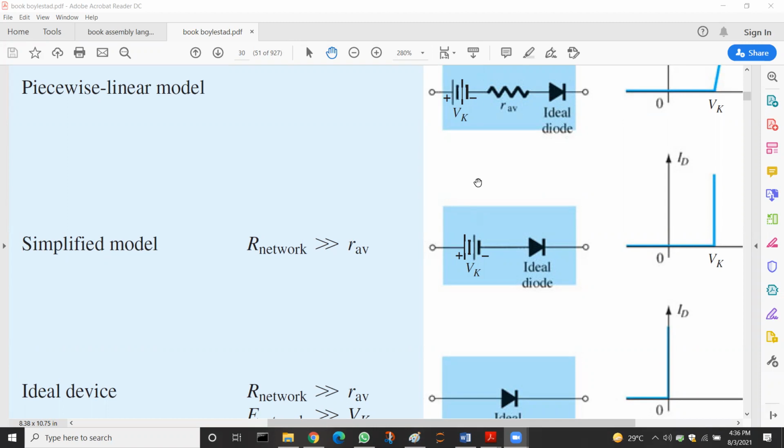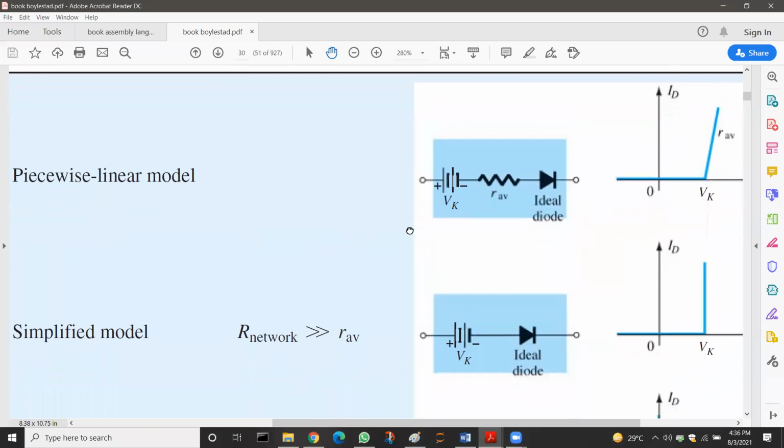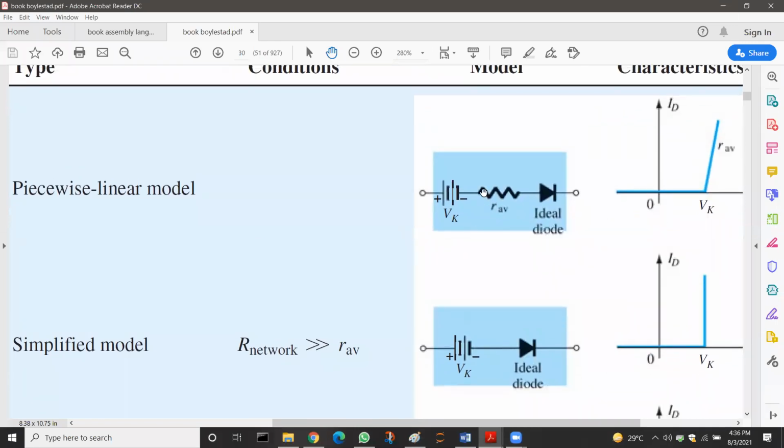Okay, so again, when we talk about the piecewise linear model, in this linear model we assume there is a resistance also present in the circuit.